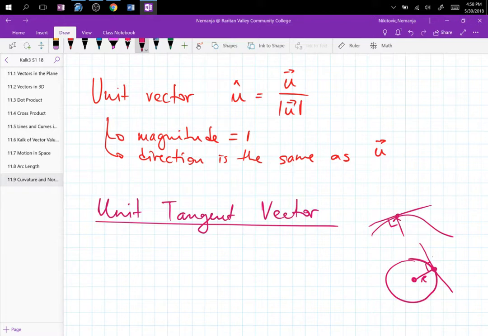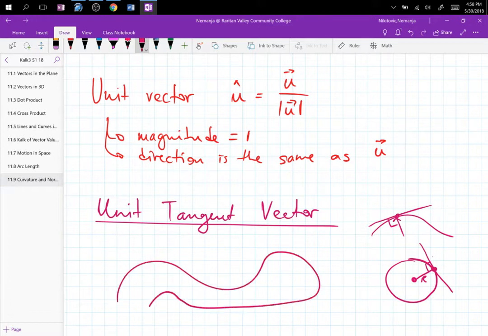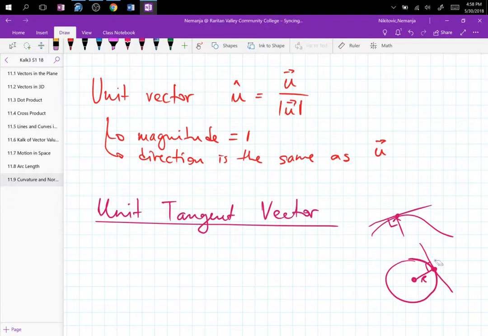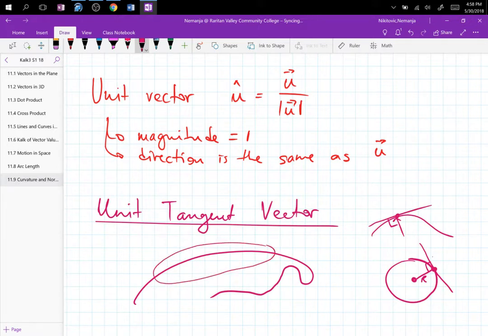Every curve that you can possibly imagine, no matter what it looks like, has places where there is not much rapid turning, as compared to others.